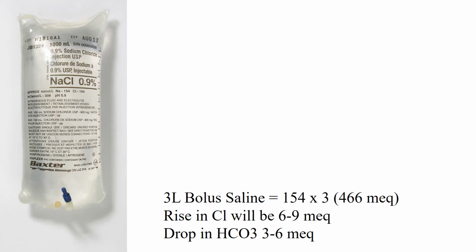The patient comes to you with volume depletion, the bicarbonate levels are depleted to some extent, and we replace that volume with predominantly saline, depleting the bicarbonate further, because the rise of chloride after a bolus of 3 liters would be to the tune of 6 to 9 milliequivalents, and there would be a net drop of bicarbonate of about 3 to 6 milliequivalents.